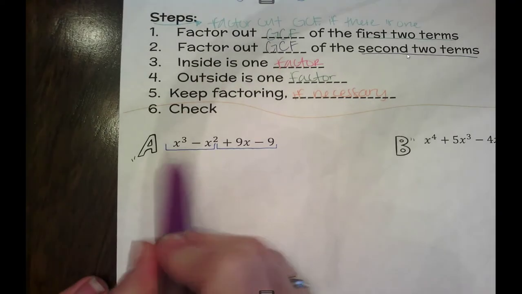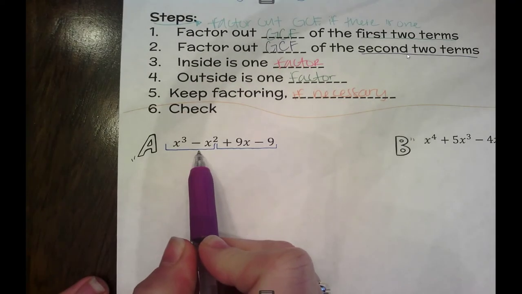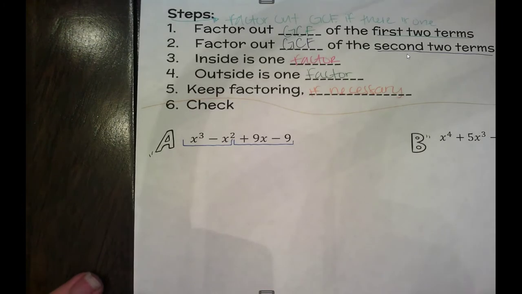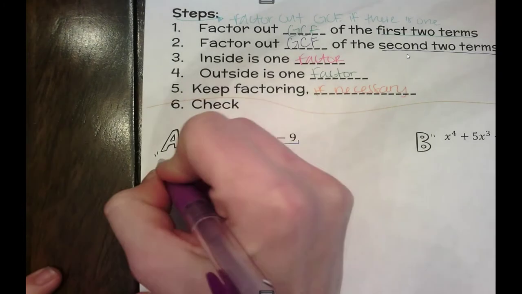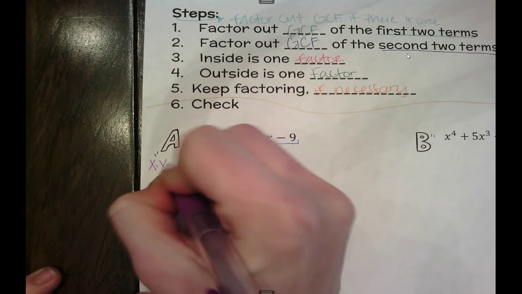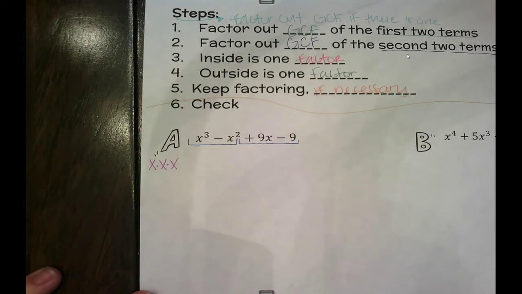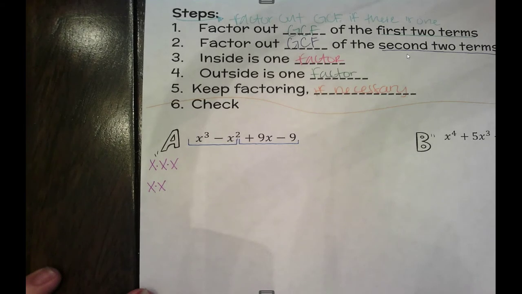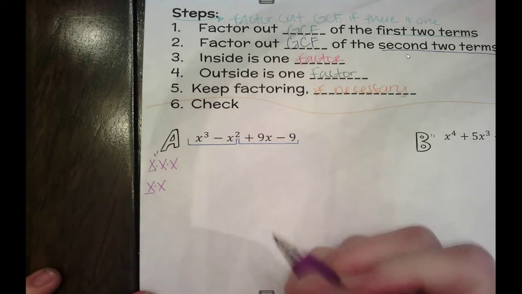Factor out the GCF here, so our greatest common factor. So I'm going to go ahead and write out our factors here just so that we can see it visually. So x to the third is x, x, x. And x squared is x, x. So they share this x and this x.